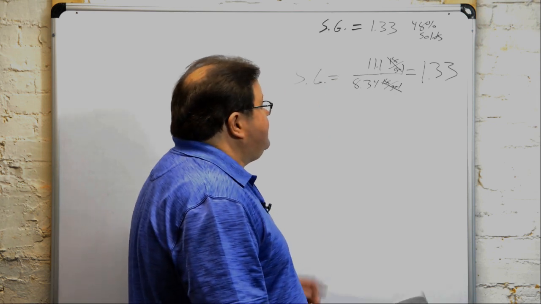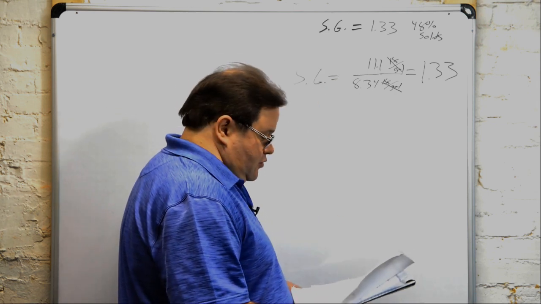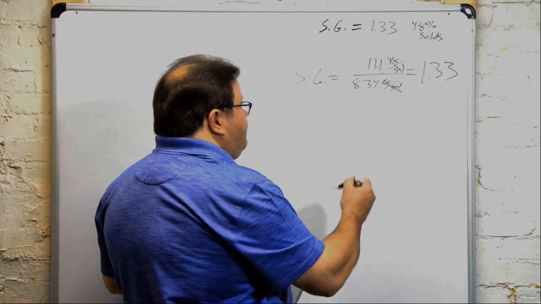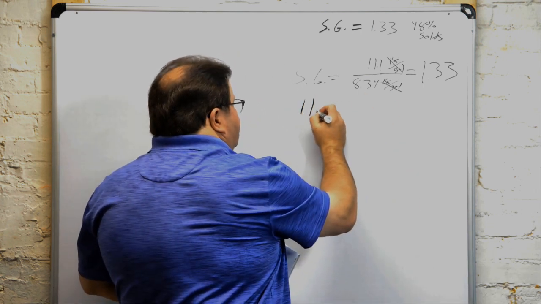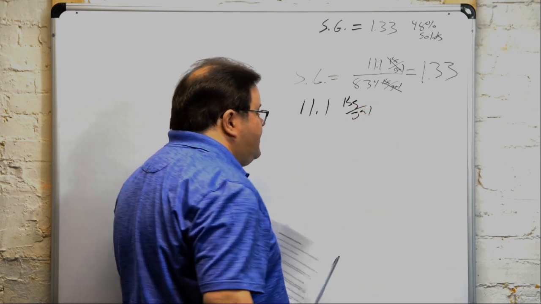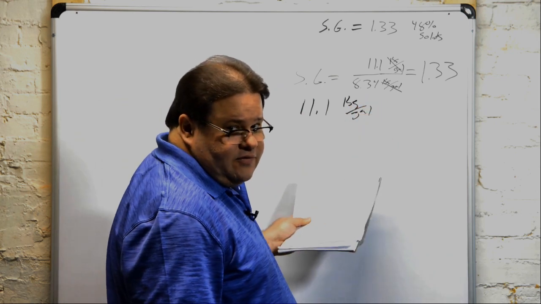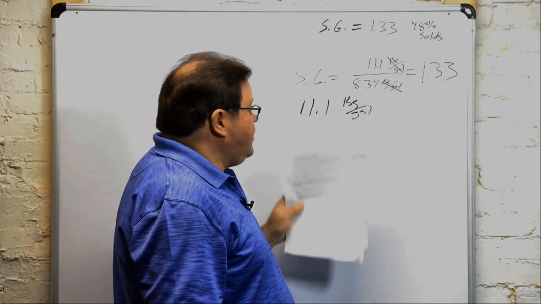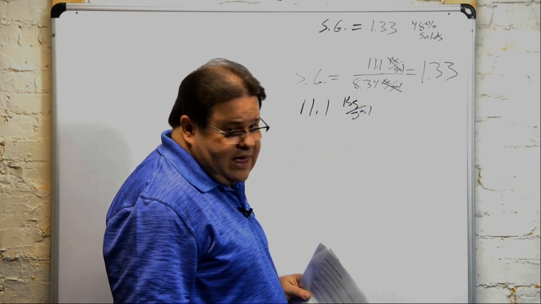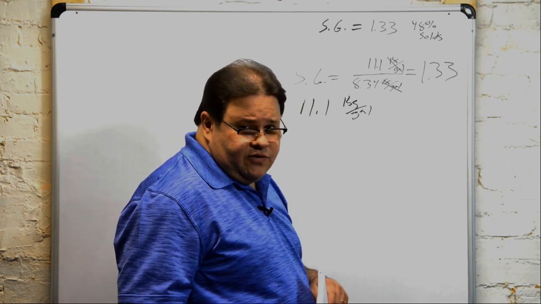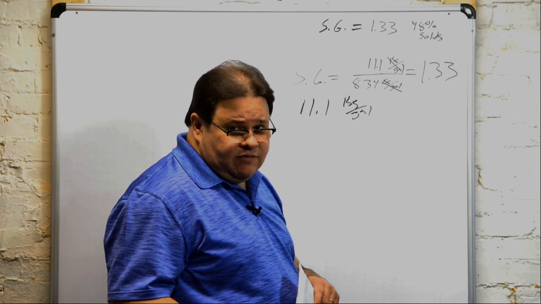So specific gravity 1.33, and that let us get 11.1 pounds per gallon. So 1 gallon of our aluminum sulfate, in this case 1.33, 48%, is going to equal 11.1 pounds per gallon. We're figuring this stuff based on the dry weight.